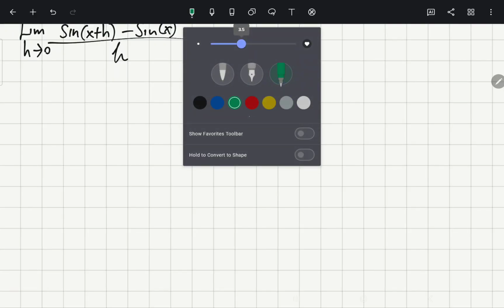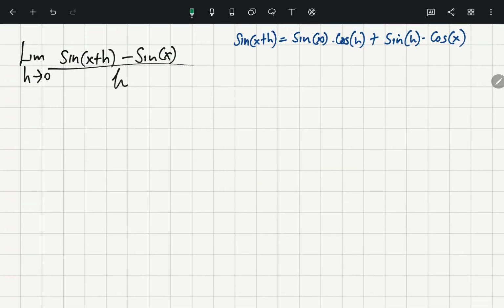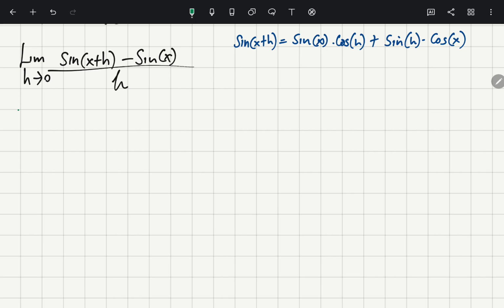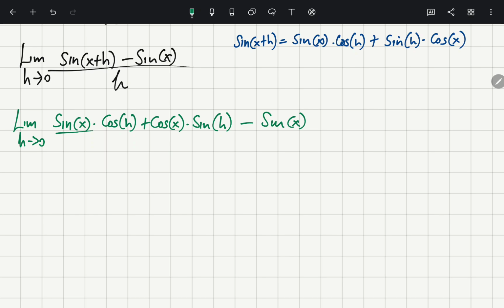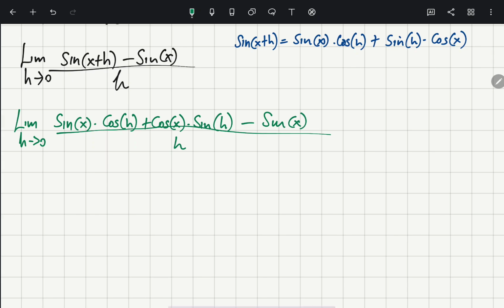We get the limit as h approaches 0 of sine x times cos h plus cos x times sine h, minus sine x, all divided by h.